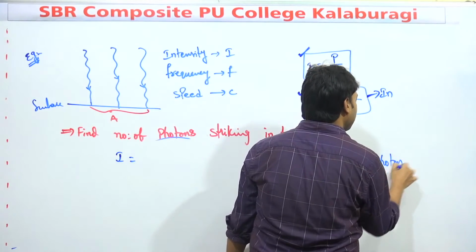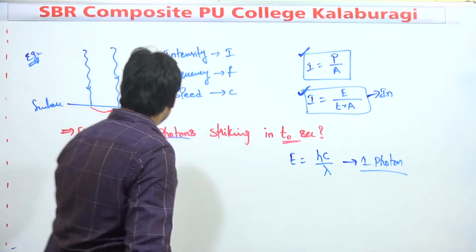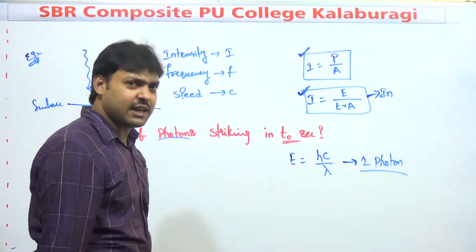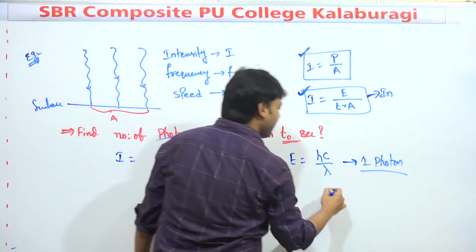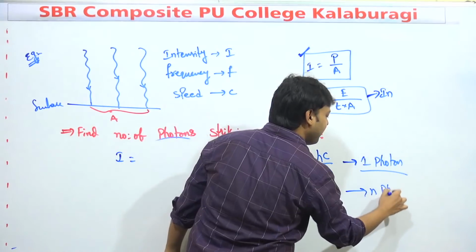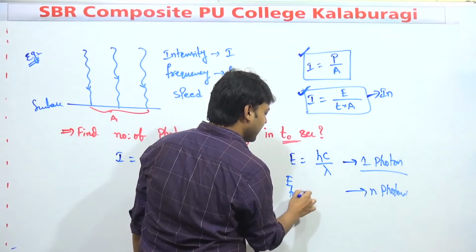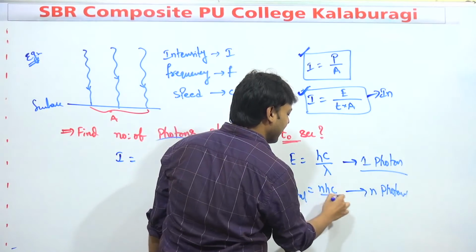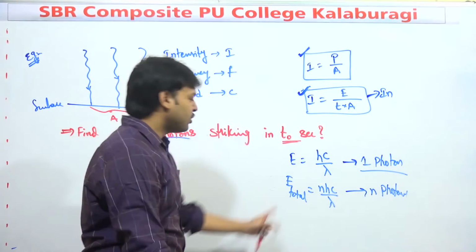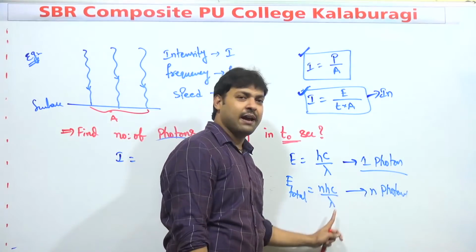So here how many photons are striking? N number of photons can strike. So N photons. What is the total energy? Total energy is equal to nhc by lambda.